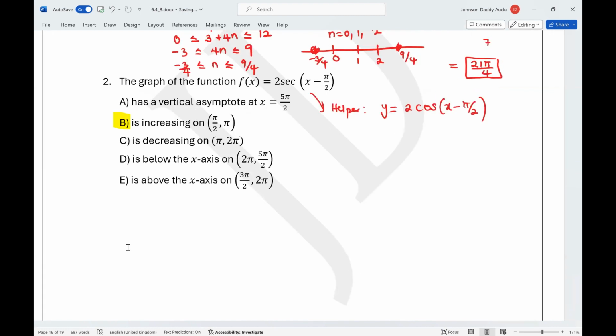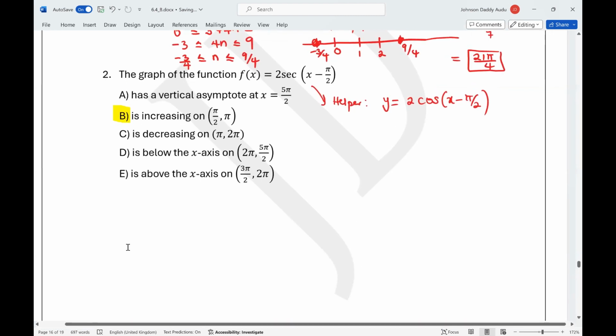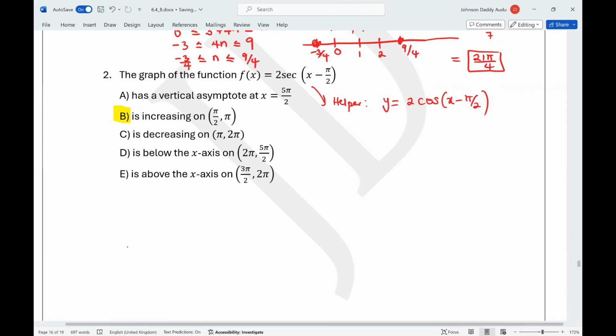So to graph this, what do we need to do? We need to first of all find the amplitude, which is the absolute value of 2, which is 2. And this is the cosine, so the period is 2 pi over k. And this is going to be 2 pi over 1, because our k is 1, which is 2 pi.